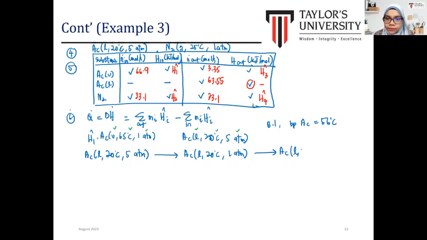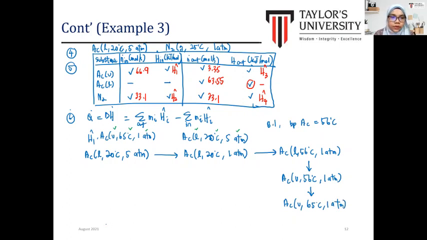So we need to go to 56 first at 180 mmHg, and then from liquid to vapor at this temperature, and then we can change to acetone vapor at 65 degrees Celsius and 180 mmHg.